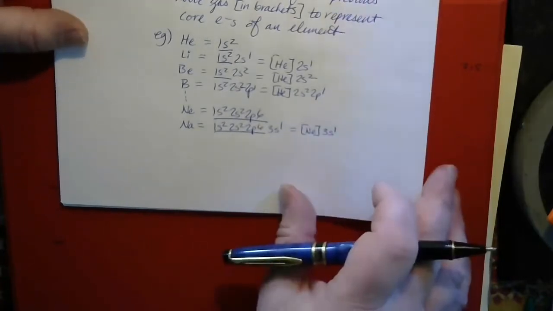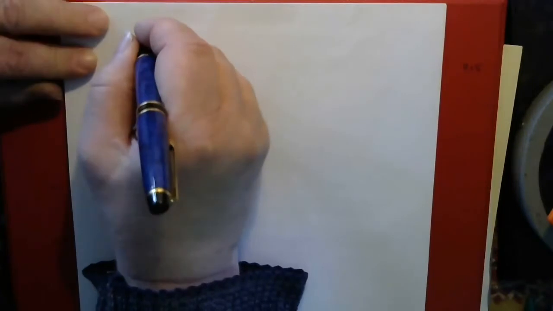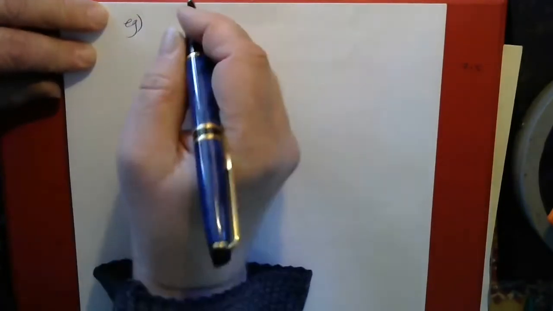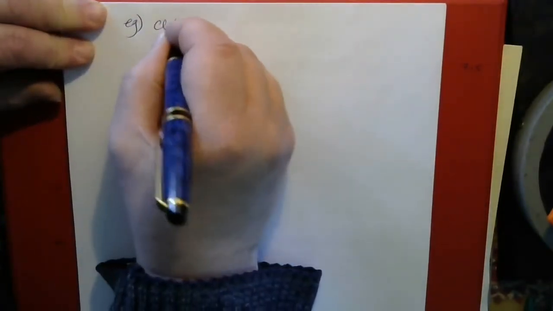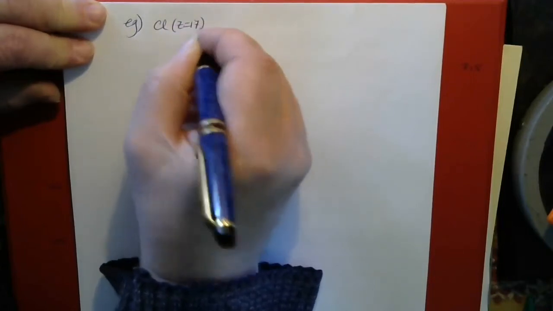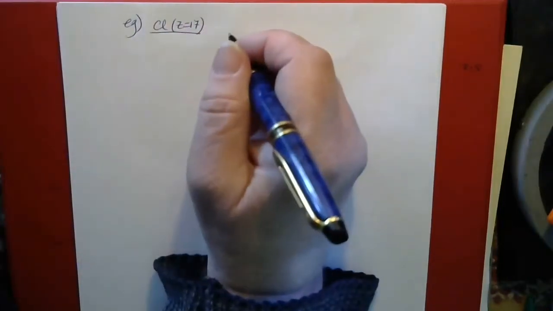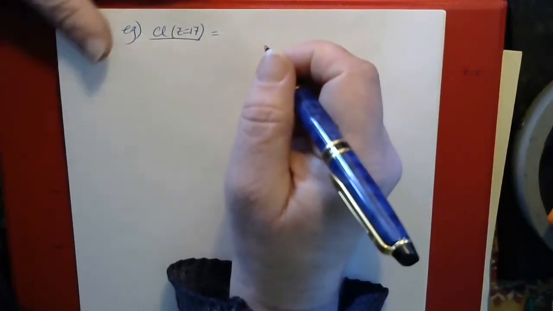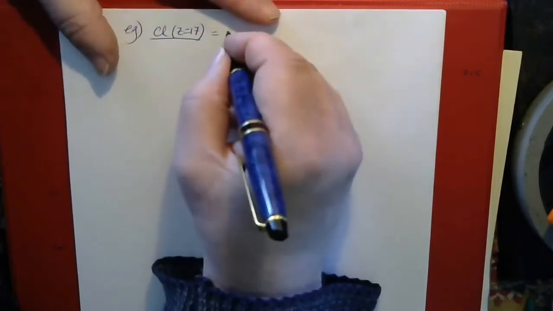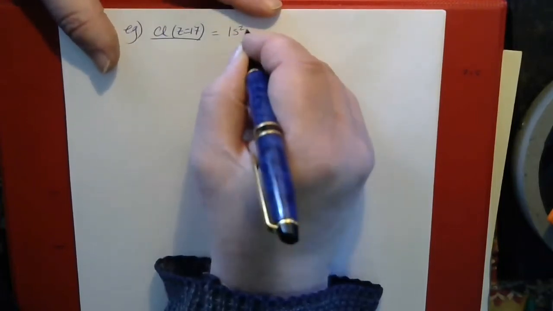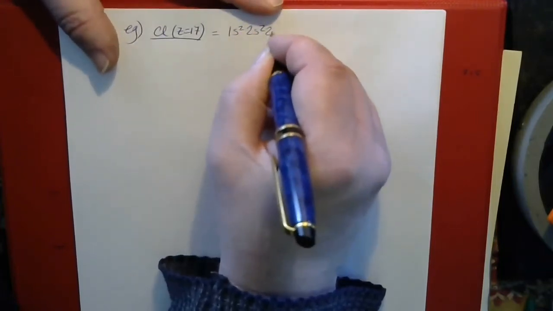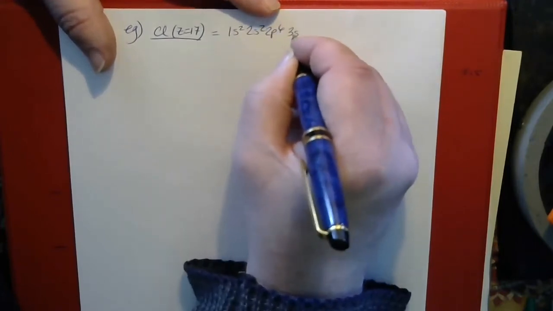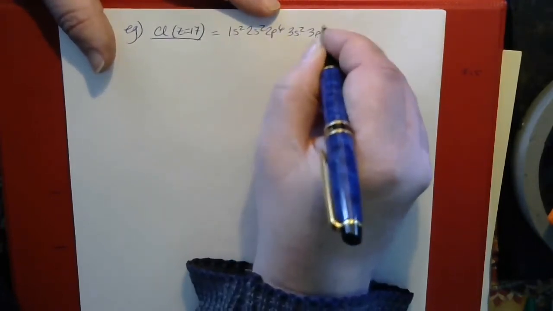It's something that can save even more effort for the bigger elements. And I'll do a few examples here of noble gas abbreviations. If you want the configuration for chlorine, which has an atomic number of 17, the full electron configuration will be 1s2, 2s2, 2p6, 3s2, 3p5.